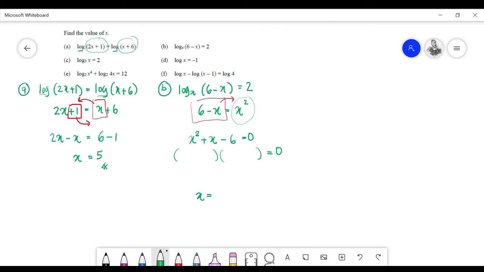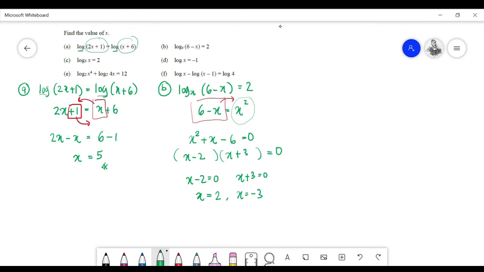So you will find out A is equal to 1, B is also equal to 1, and C is equal to negative 6. So it will be x equal to 2, and the other one x equal to negative 3. So write down first, x minus 2 equal to 0, so write down here minus 2. And this one plus 3 equal to 0, so this one x plus 3.